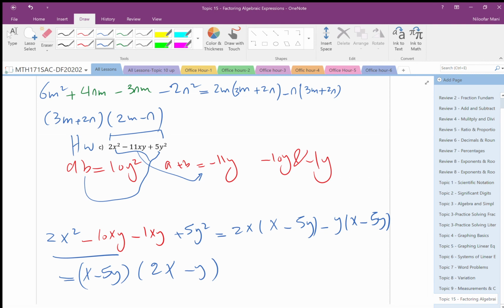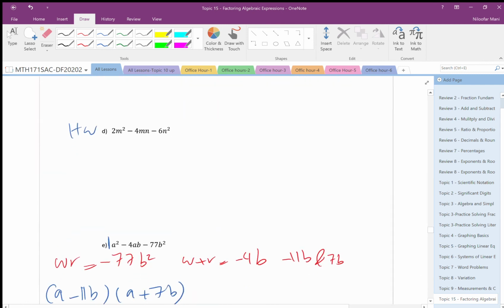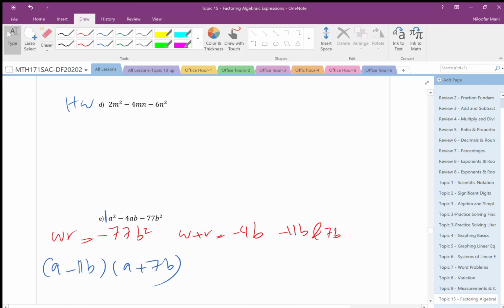So far, so good? Okay, how about here? I am looking for something to factor, common factoring. Do I have it?